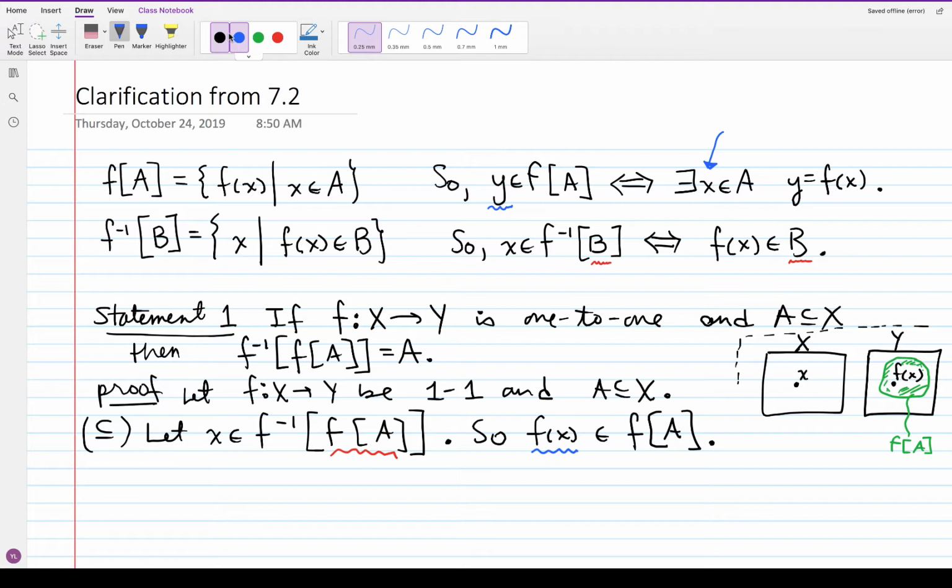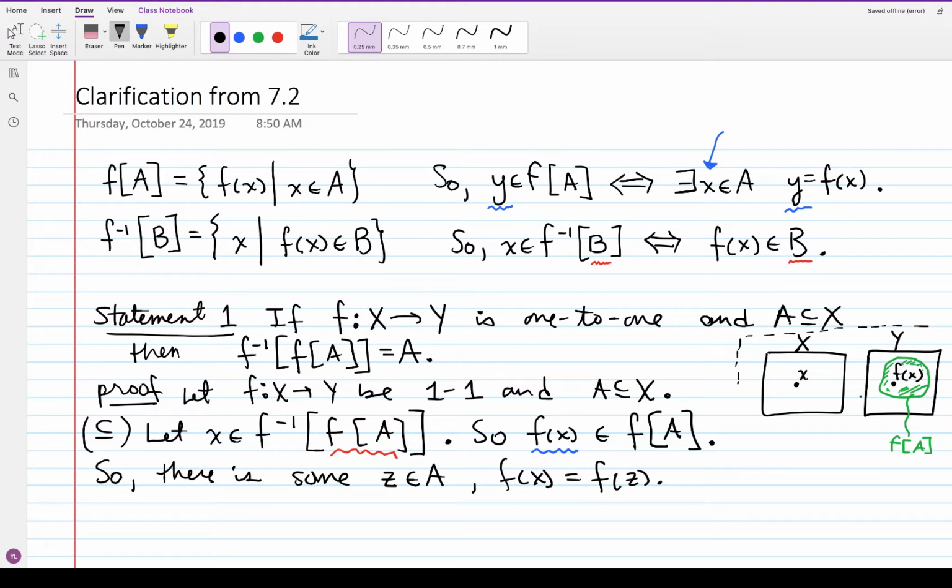I have to use a different letter. In class, I think we used z, so let's go ahead and write that down. So there is some z in A such that the y that I'm looking at, that's f of x, equals f of that x value, f of z in this case.